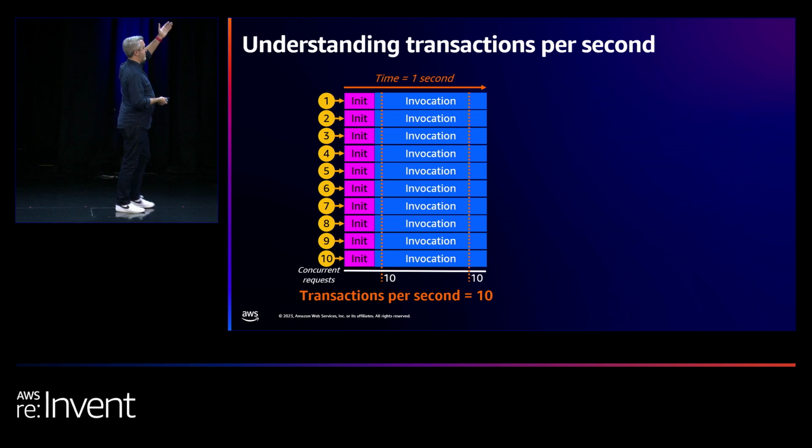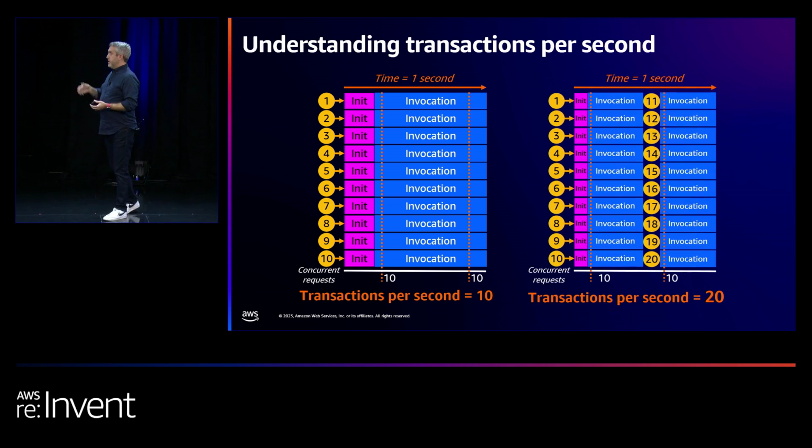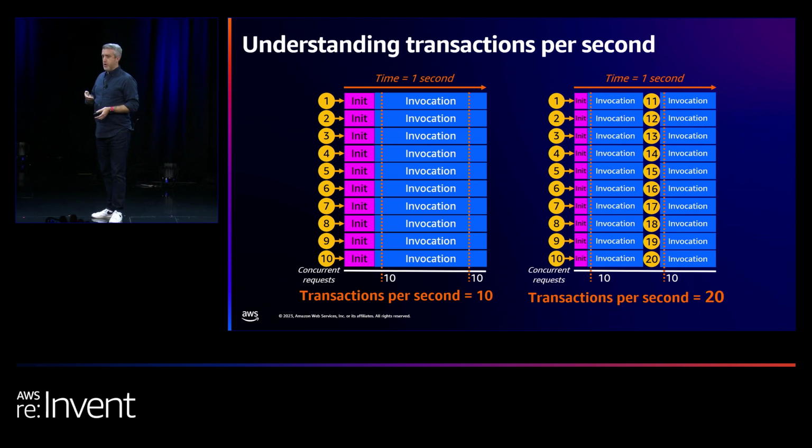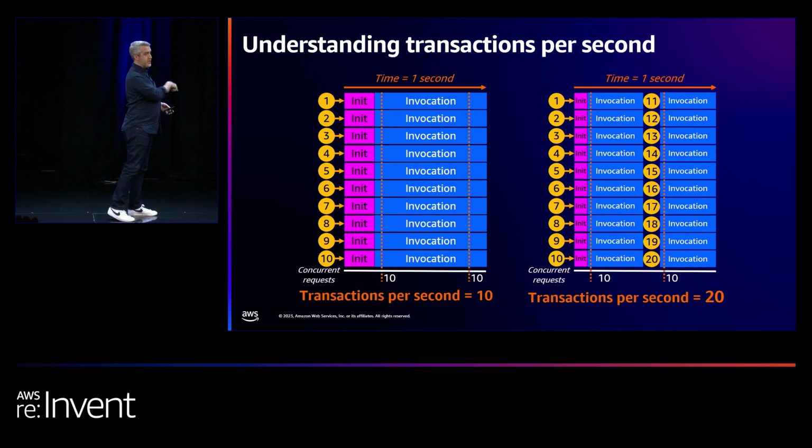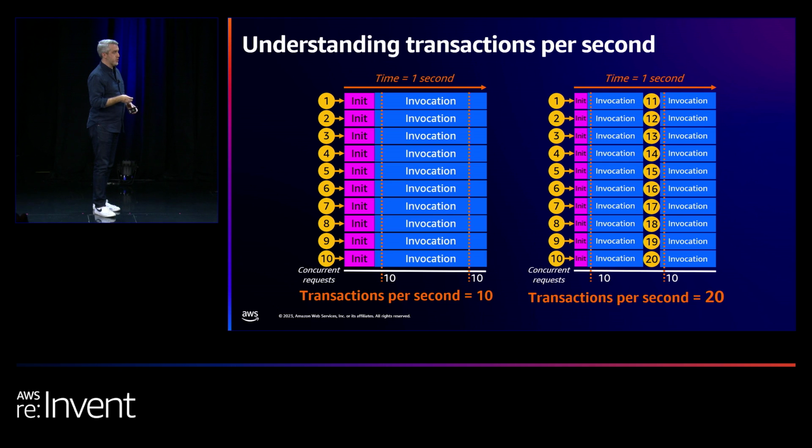So we can see here that if I have 10 invocations and they each take a second to run, effectively I have 10 TPS. Then if my functions took half as long, I would be able to fit up to 20 of them in that time period. And so again, I don't actually have more than 10 concurrency. It's just that 10 concurrency is working faster because it takes a shorter duration.